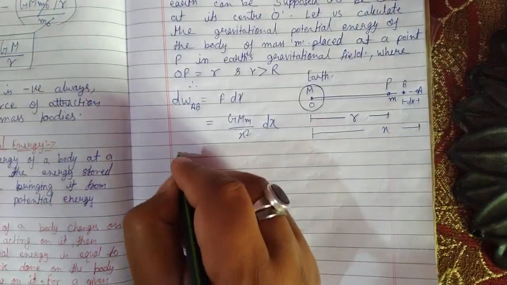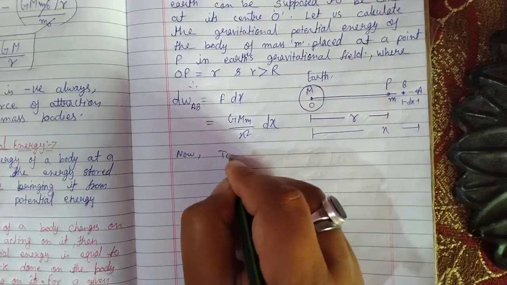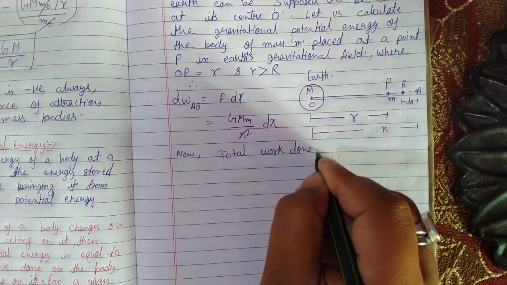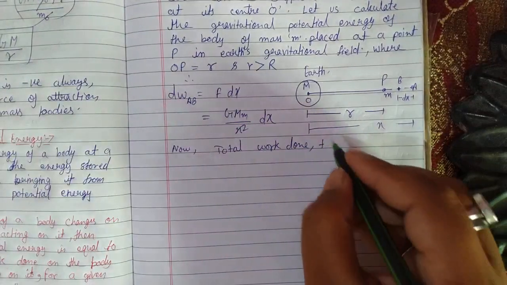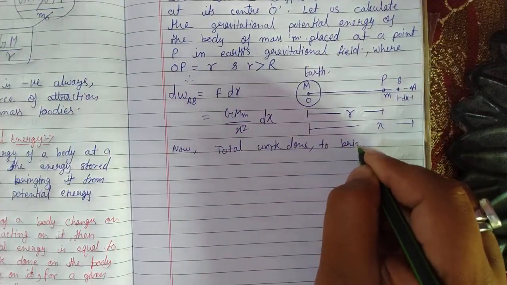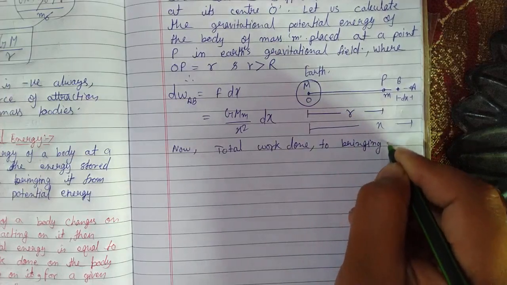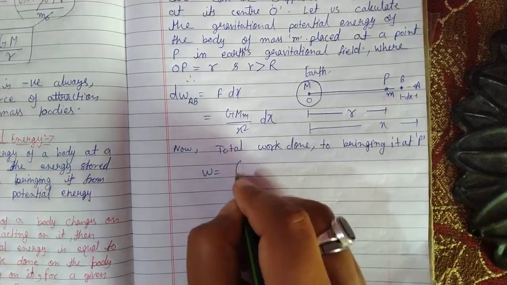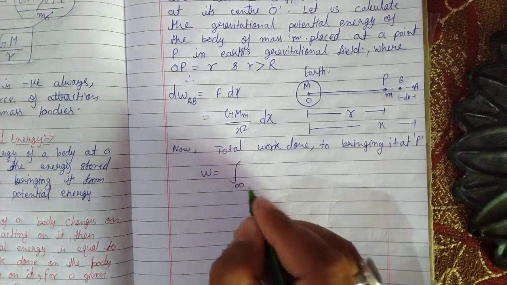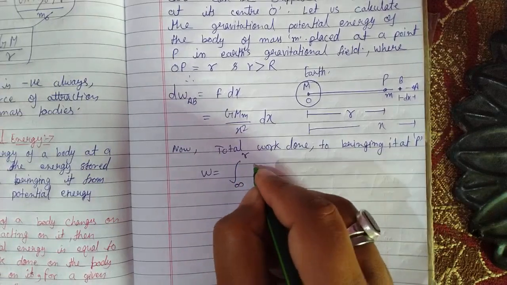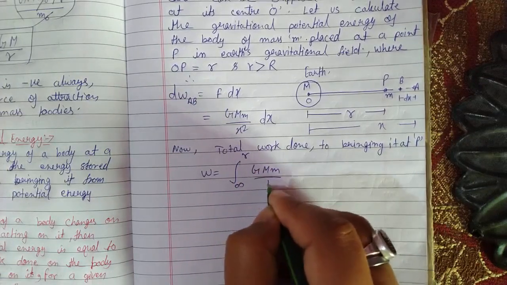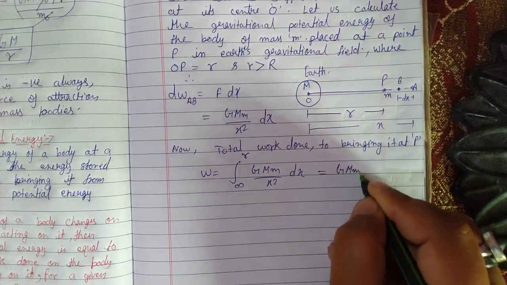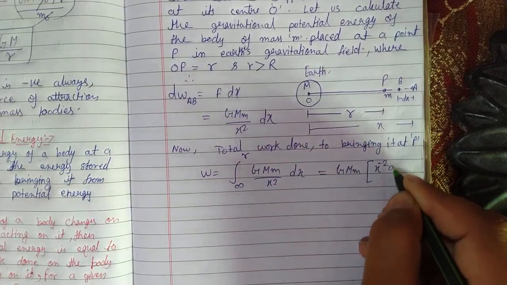Now the total work done in bringing it to P is given by W equal to the integral from infinity to R of G M m upon x square dx, which is G M m times x to the power minus 2 dx.